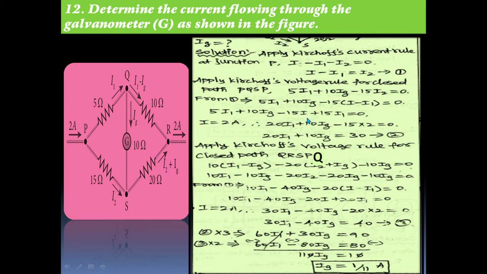Substituting I as 2, 15 I1 plus 5 I1 is 20 I1, plus 10 Ig, minus 15 into 2, which is 30. The 30 moves to the right-hand side, becoming plus 30. Now the equation can be written as 20 I1 plus 10 Ig is equal to 30. This is equation number 2.